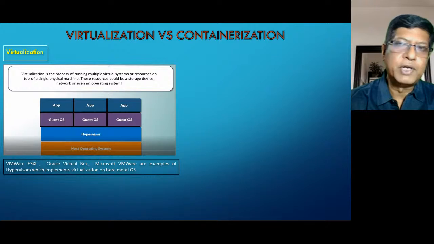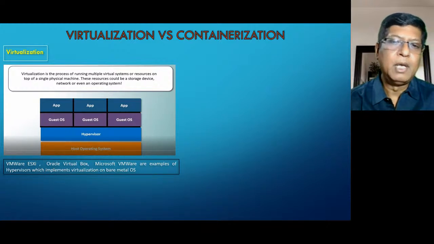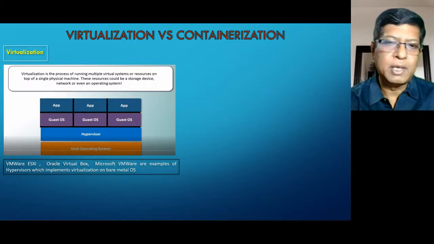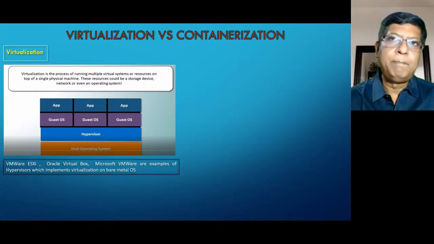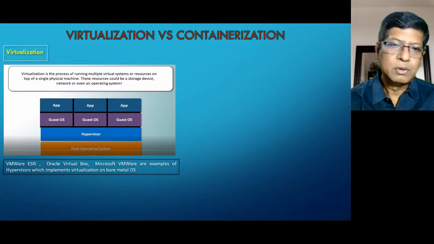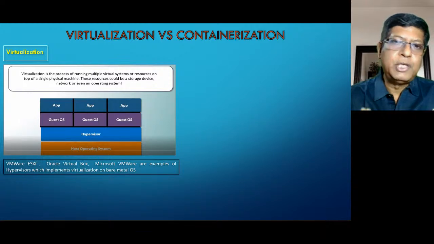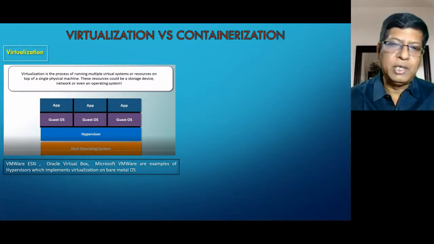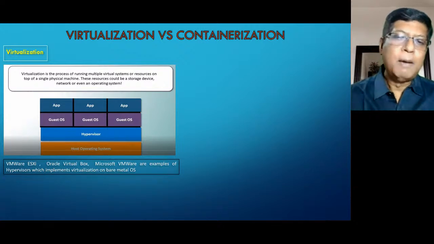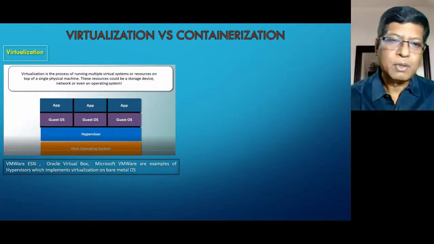Otherwise, before virtualization, it was bare metal. A big machine used to be there, like a big elephant. It is a very costly proposition. It was not very efficient. When you have bare metal in one big machine, you cannot port in multiple applications.